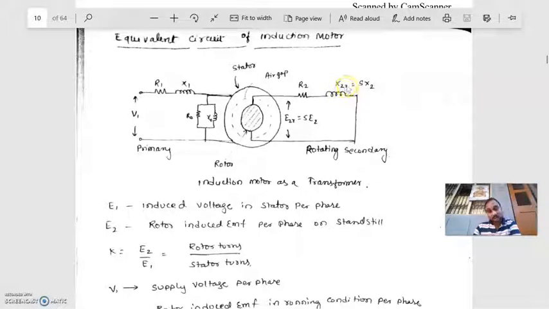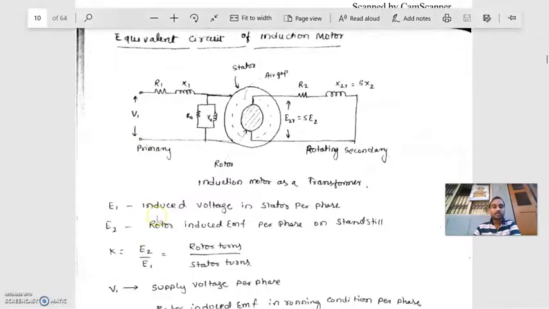X2R, where R represents the running condition. If there is no R and only X2 is present, it is the standstill condition. X2R is given by slip times X2, that is S into X2. The no-load components are also represented, called R0 and X0. This is the induction motor as a transformer.